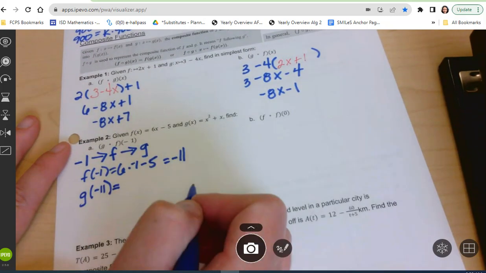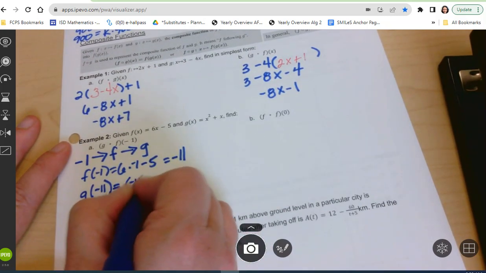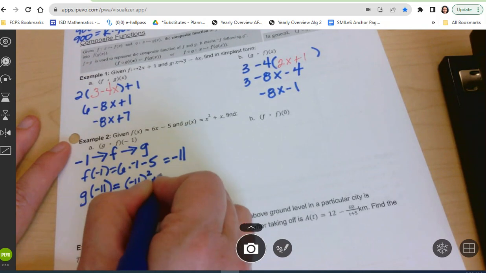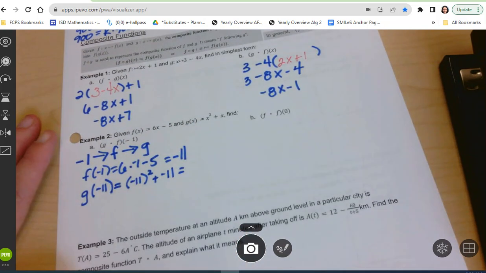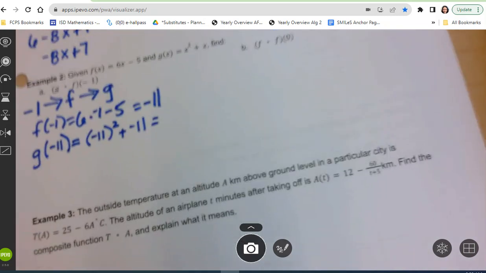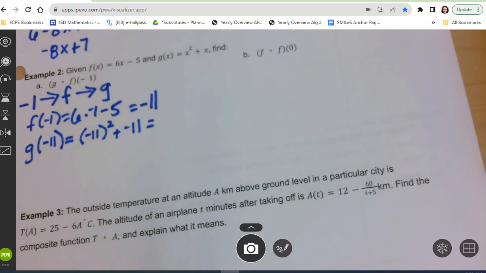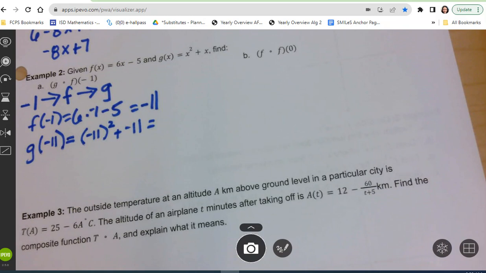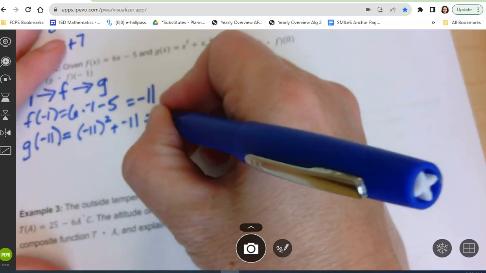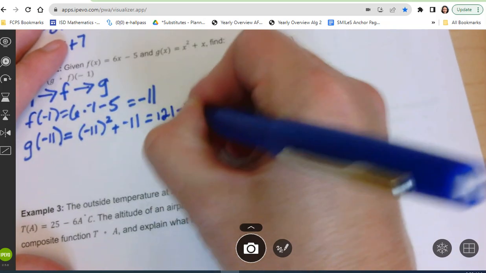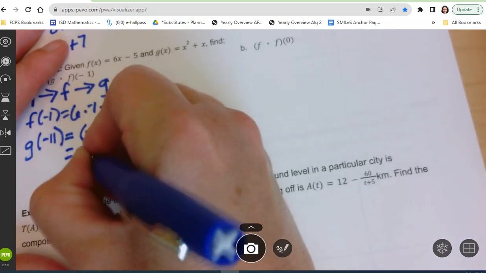And that's going to be negative 11 squared plus negative 11. All right, anybody get that answer yet? Anybody else get 110? Yeah, good. So we get 121 minus 11, which is 110.